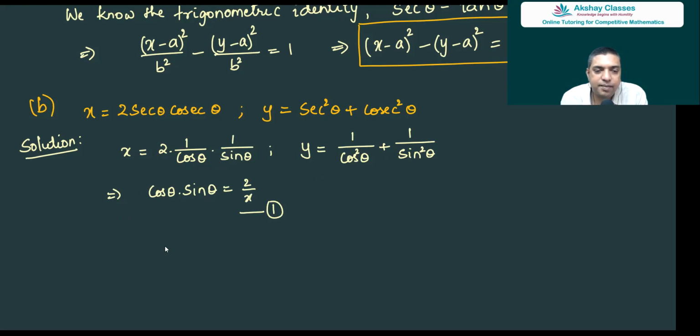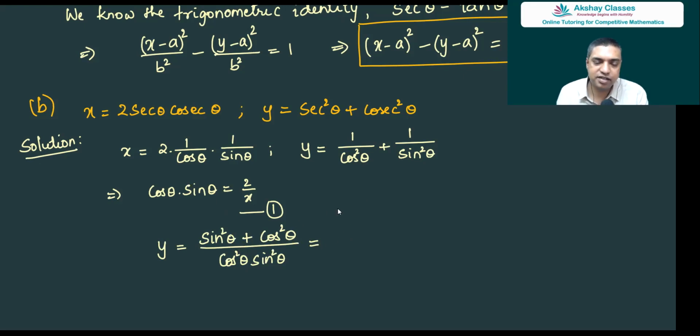Now from y, you bring this to common denominator. You get sine square theta plus cos square theta divided by cos square theta sine square theta. The numerator will be 1, by the trigonometric identity sine square theta plus cos square theta is 1.